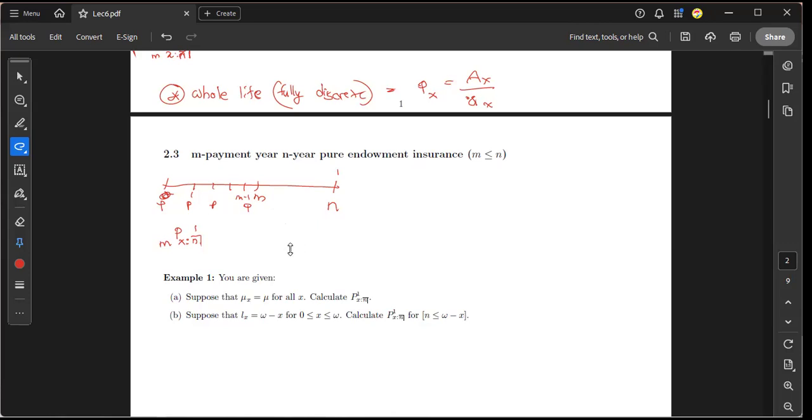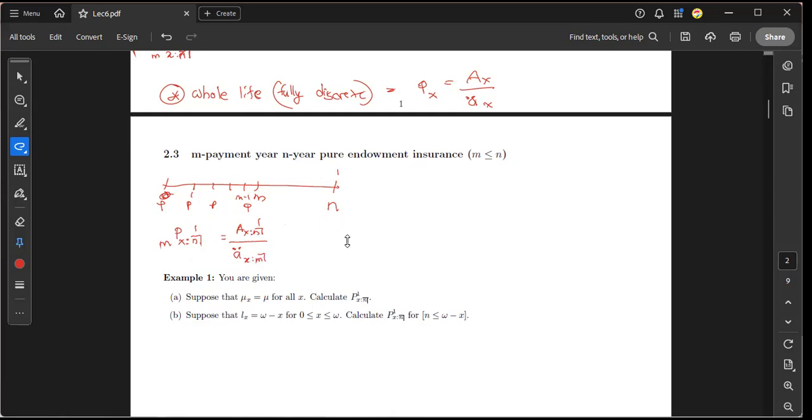For this, we can say the benefit is equal to the present value of the pure endowment benefit, and the premium is a series of payments, so a temporary life annuity of M years. So you get this one.